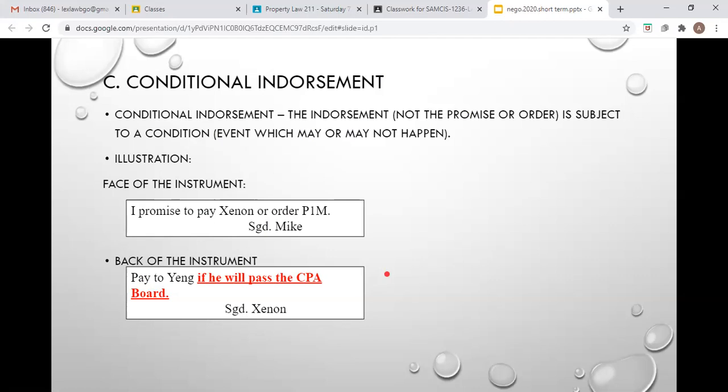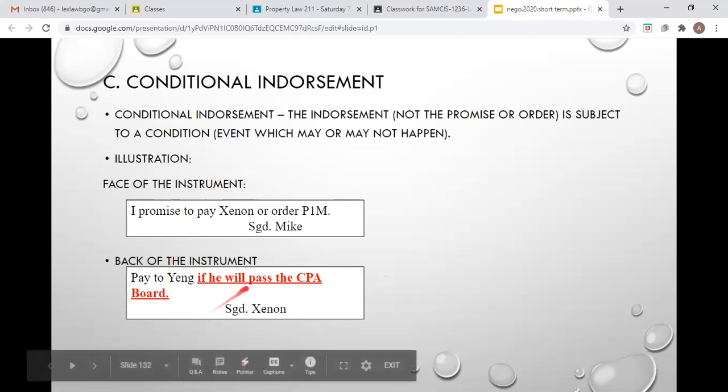So kung tanggap na ni Yang yung pera before the happening of that condition, before she actually passed the CPA board, that's the time that she is now the absolute owner of that property. But her absolute ownership will not really commence on the date when she actually passed the CPA board.